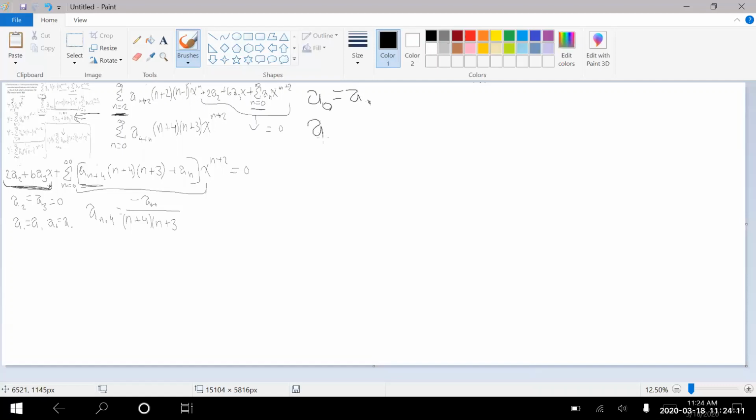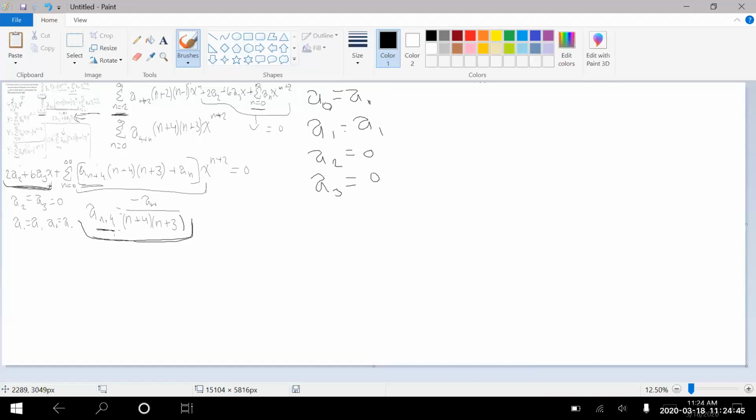We have a sub 1 equals a sub 1. We have a sub 2 equals 0. We have a sub 3 equals 0 as well. For the next terms, we're going to use this formula to get there. So we're looking for a sub 4. What value of n is going to get us to a sub 4? We have a sub n plus 4, so we're going to use n as 0 there.